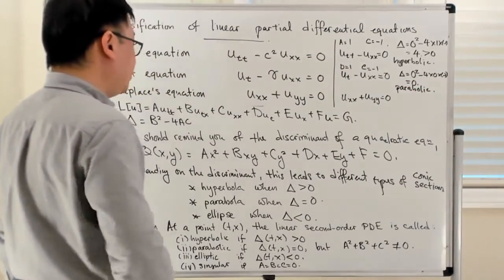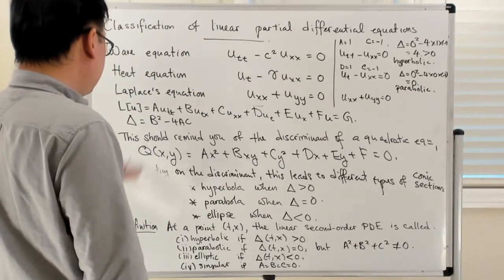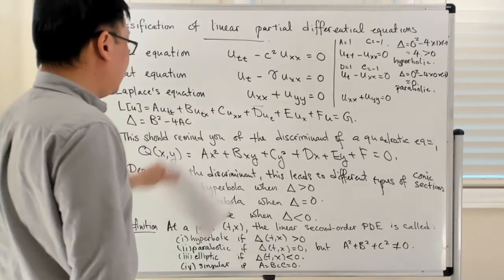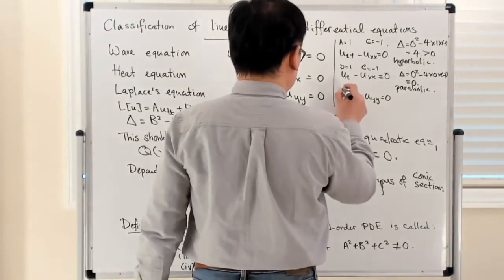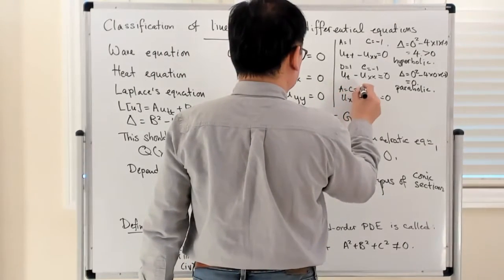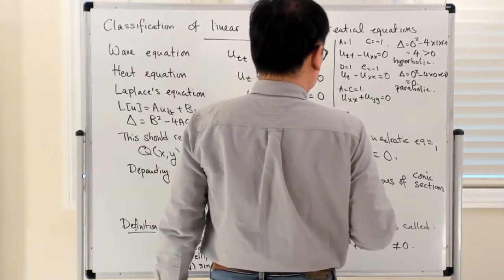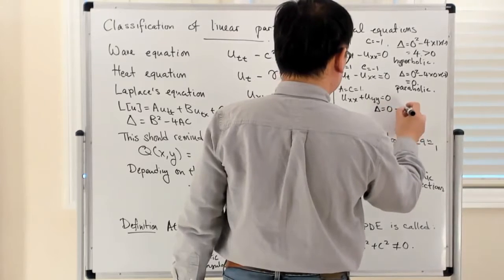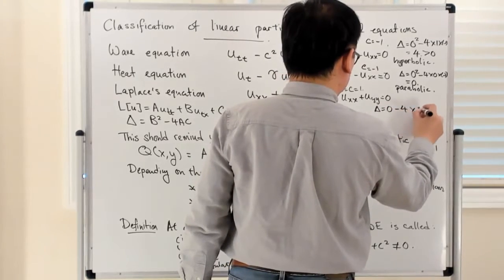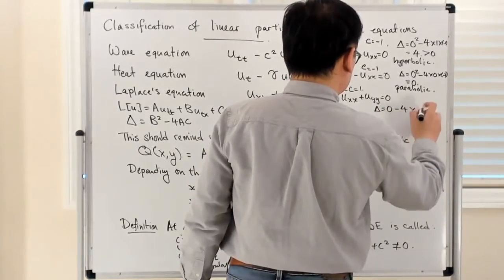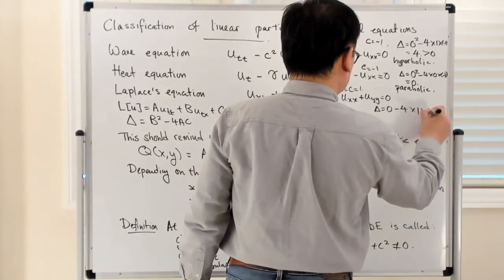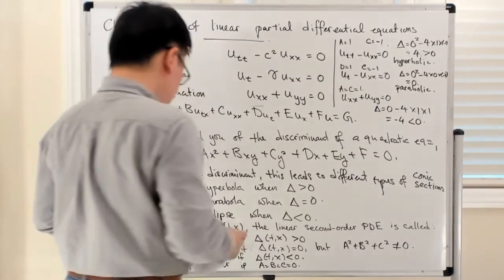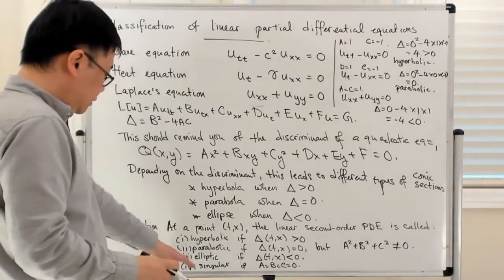Then you have uxx and uyy. Uxx corresponds to a and uyy to c, so a is equal to c is equal to 1. So delta is 0 minus 4 times 1 times 1, which is -4, which is negative. So that's elliptic, right?